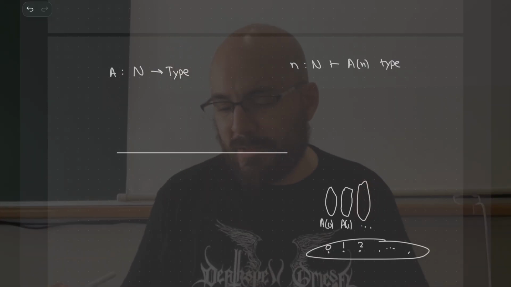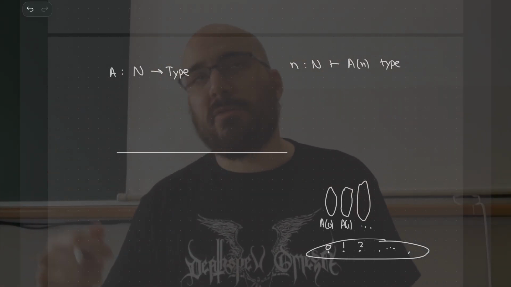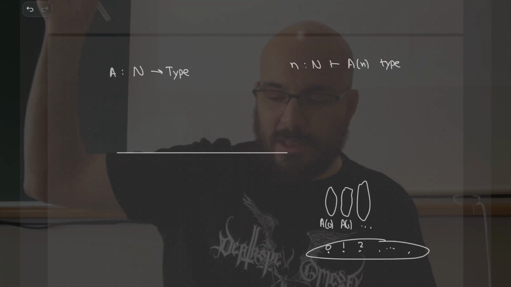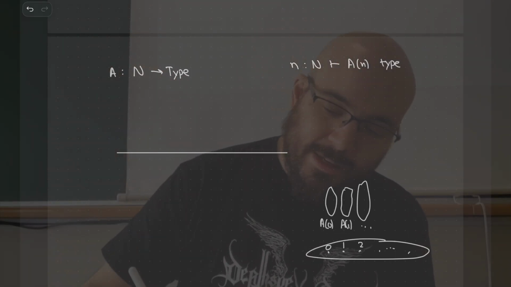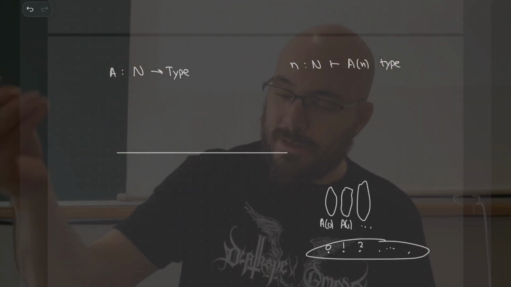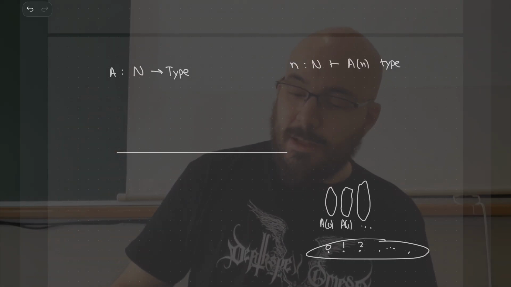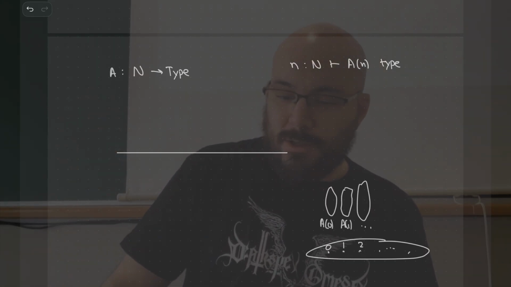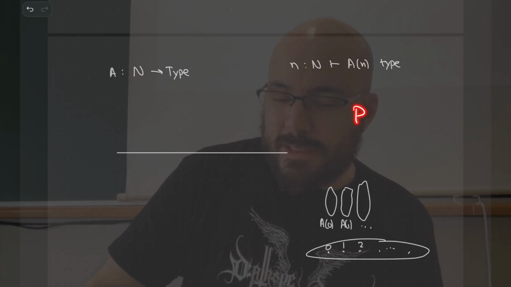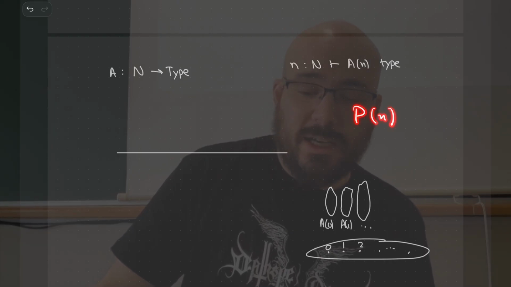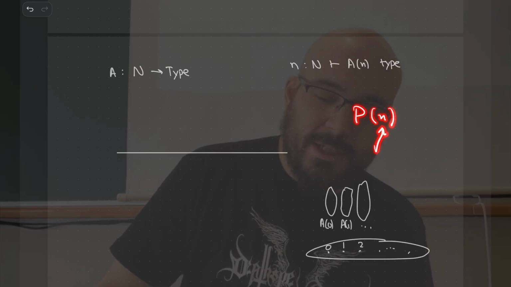Maybe I want to prove that for every natural number there exists a greater number than that. I don't know. I want to prove something, and I want to express this as a dependent family, so instead of seeing this as a proposition, I see this as a type. Which type? The type of all possible proofs that its argument has this property.